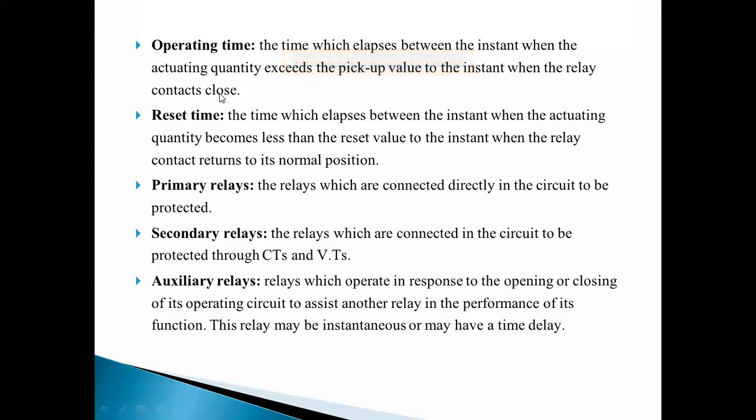When your relay is coming back to the original position, some value is set there. Suppose the actuating quantity is current, some ampere current is set as a reset value there. When that value becomes less than the reset value, then your relay will come to the original position.